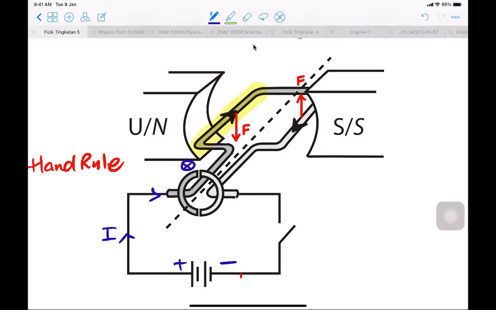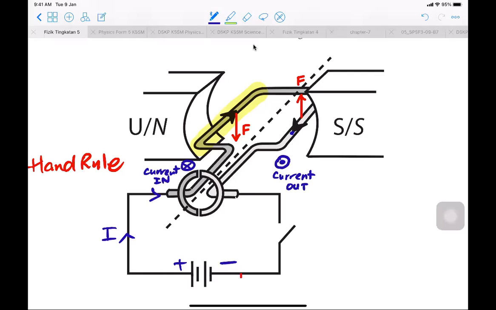Current going into. And then on the right hand side, the arrow is pointing in front, so we assume that we will see the tip of the arrow. So the symbol here should be a dot. This one is current out.